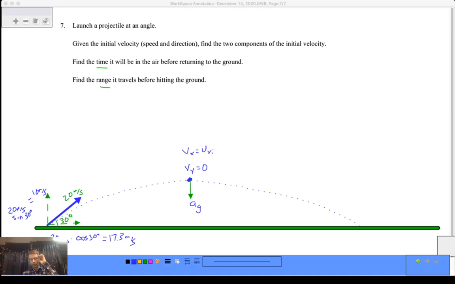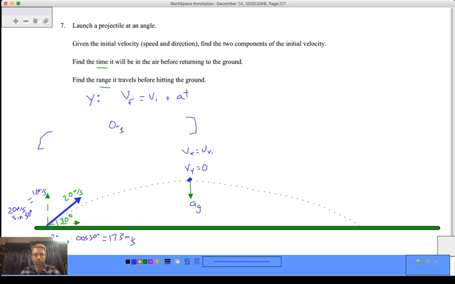So here's a convenient thing. This object starts going up at 10 meters per second. I wonder how long it takes to get to the top. Let's think about our vertical equation for just a minute. Vf is Vi plus At, and you can use that as a tool if it helps to think about it mathematically, or you can just think it through too. What's the final speed if we think of this vertically, for the interval that starts at the launch and ends at the top? Well, the final speed vertically at the top is 0.